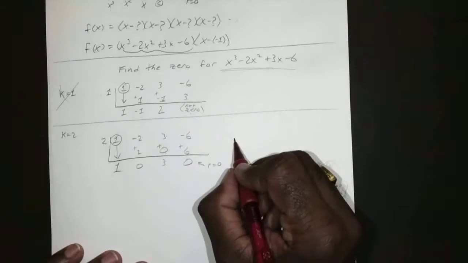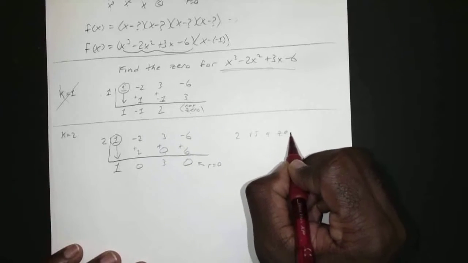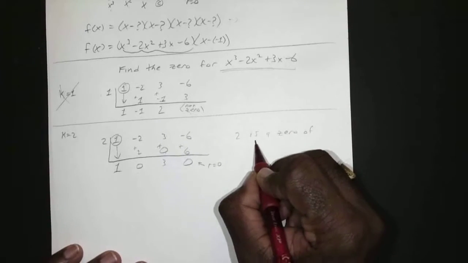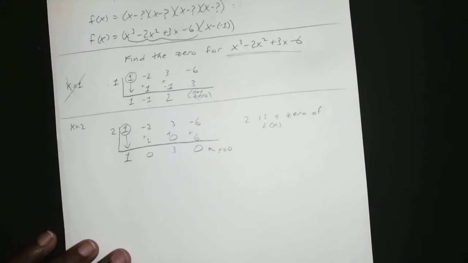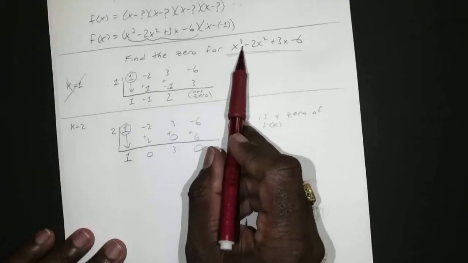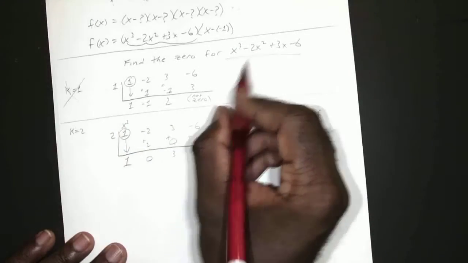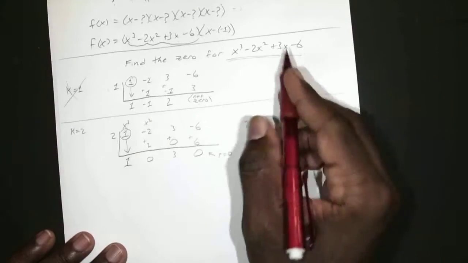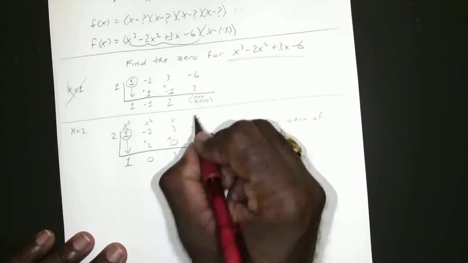Okay, so we know that 2 is a zero of f of x. That means, remember, this was x to the third, this was x squared, this was x, and that was just your constant.